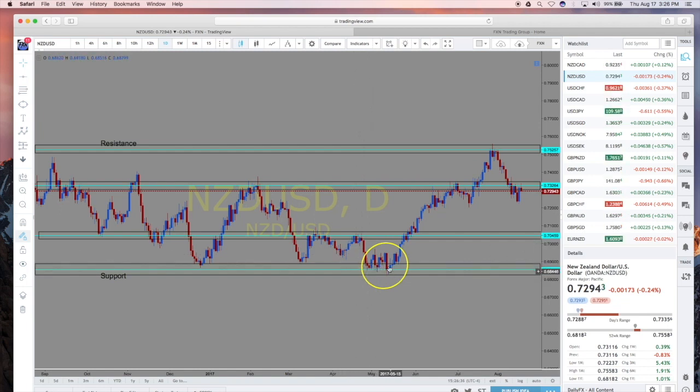It's reaching support, and so there are buyers in this zone that are willing to come into the market and drive price back up, right? So when we get to these areas, these are the areas we want to pay attention to, because this is when we want to get into the market, when price is in these areas, okay?